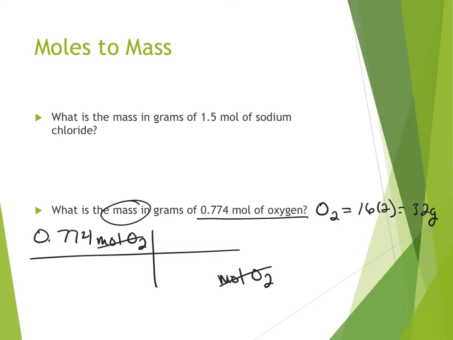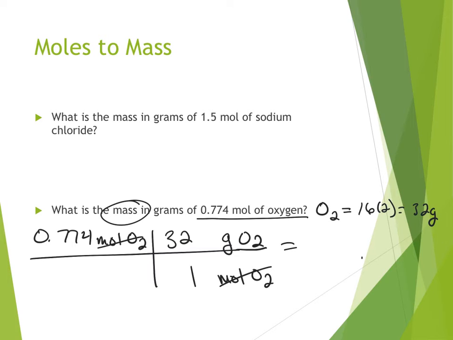and cancel that unit every single time. That's what you do. So don't try to think about where does the 1 go, or what goes on top, just cancel the units when you put your units in first. These problems become really, really simple. So I put mole on the bottom. It's asking me to go to mass in grams, so grams is going to go on the top. 1 always goes with mole, and then grams is what I added up off the periodic table.